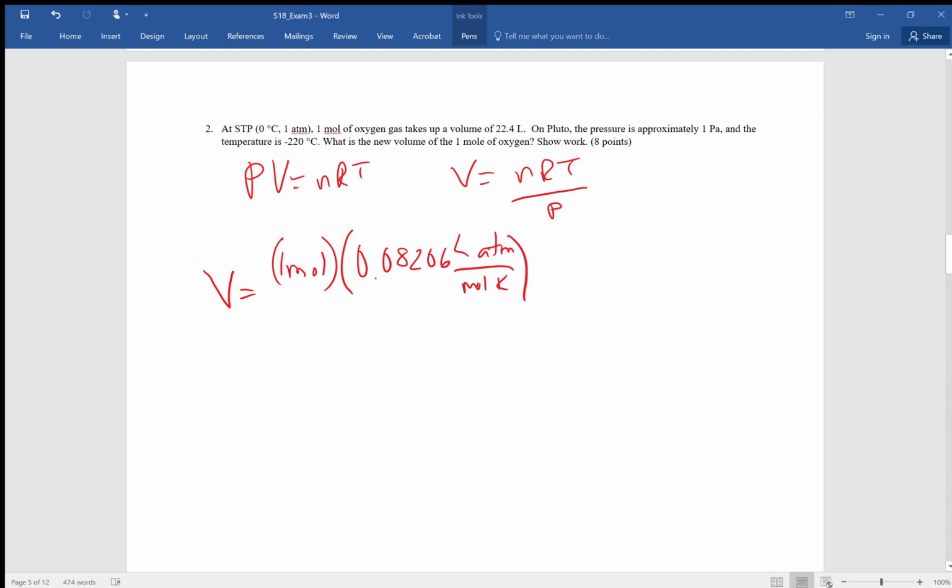So our first two terms were pretty easy to plug in, but the temperature we have is negative 220 degrees Celsius. The ideal gas law, especially with the constant we're using here, requires that we be in Kelvin. So to get to Kelvin, we take our degrees Celsius and add 273.15. So we get 53.15 Kelvin.